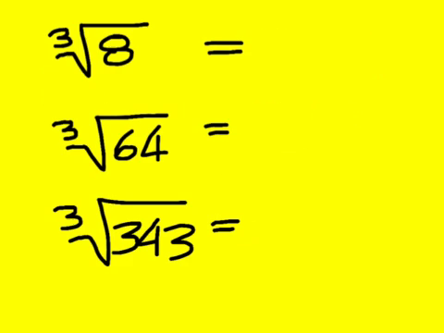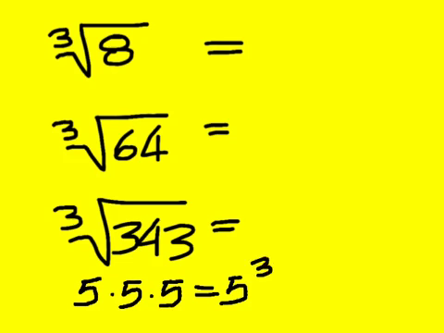Example problem number 4. Now you have cube roots in here. And a cube root is a number that you can multiply by itself and by itself again to get the number, 8, for example. Here at the bottom, 5 times 5 times 5 is the same thing as saying 5 cubed.